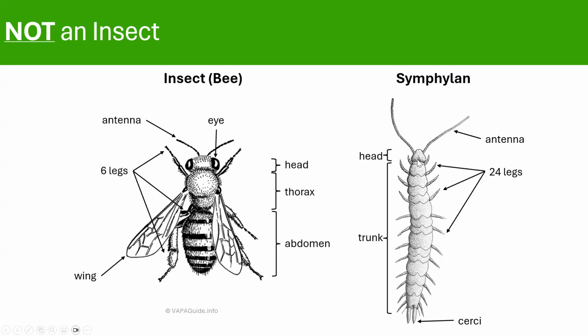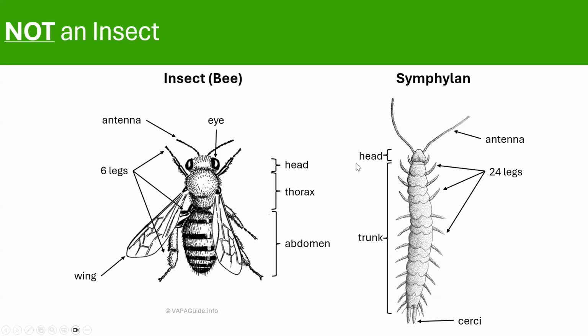The rest of the body is just a series of segments, and there's legs that grow all the way along the body, pretty much all the way to the back end here. And where insects have 6 legs, Symphylans have 24, which is 12 pairs. Although if you talk to some people, they'll say this tiny pair in the front here doesn't count. So they only have 11 pairs. You can count them however you want, I don't care.